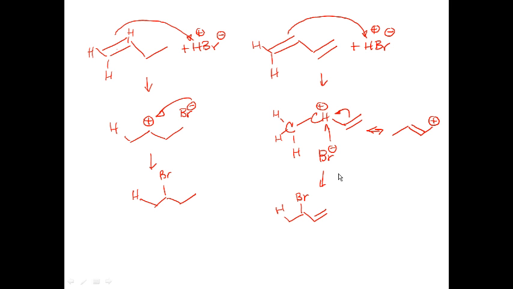But now notice I get a new product. If I added the Br minus to this resonance structure, I'm going to end up forming this product, where now if I started by numbering these carbons 1, 2, 3, and 4, in this product to the left I added the H and the Br to carbons 1 and 2.